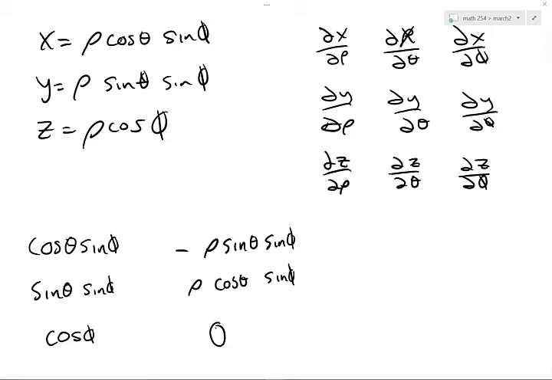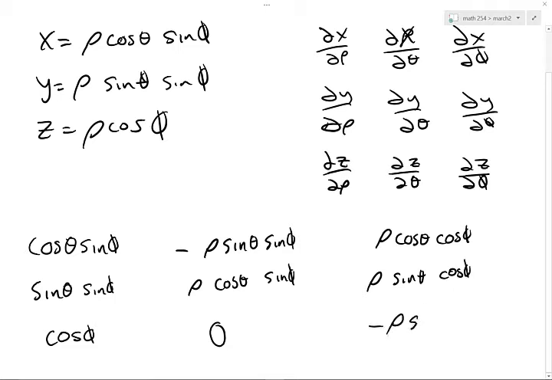So everybody's a constant. Now, with respect to phi, the x is going to be rho cosine theta cosine phi, it's going to be rho sine theta cosine phi, and it's going to be negative rho sine phi. Everyone good where I got that?